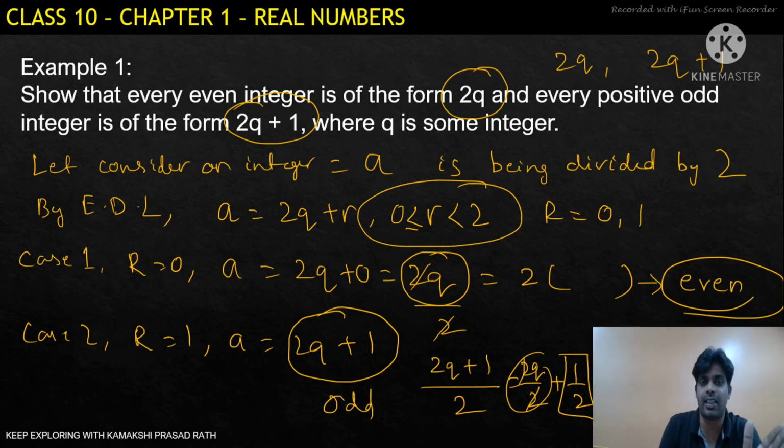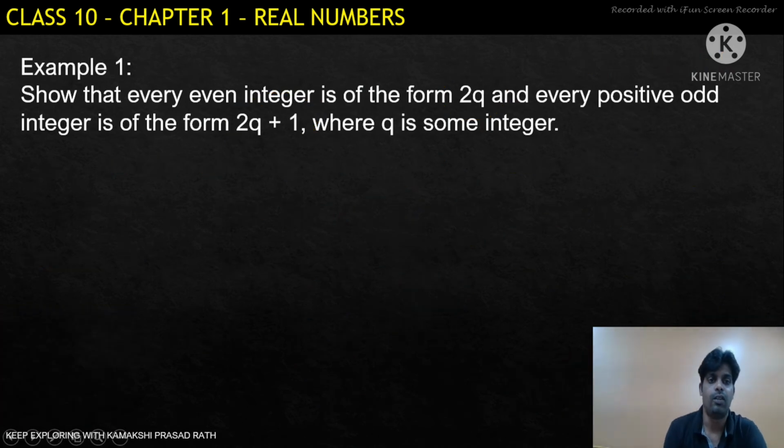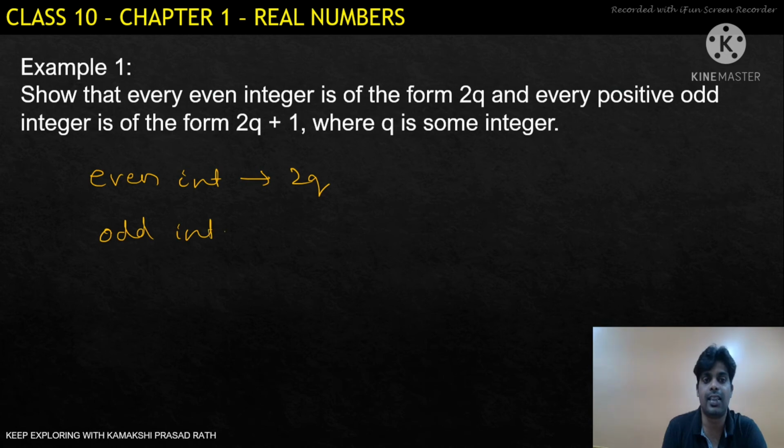Every positive even integer is of the form 2q, and every positive odd integer is of the form 2q plus 1.